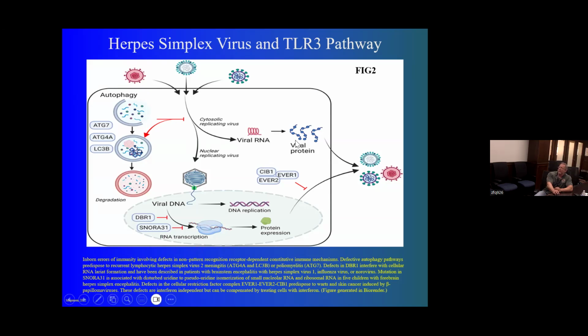And because of this, we start to see virus at levels that we normally wouldn't see. And in her example, and in the cases of others that have these inborn errors of immunity, these genetic deficiencies in the signaling pathway lead to problems in regulating the viral infection.